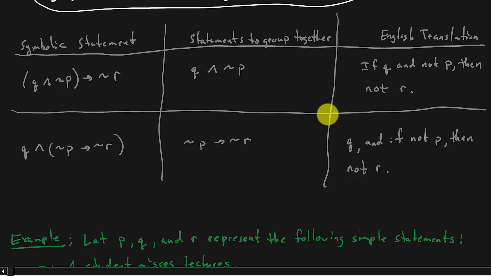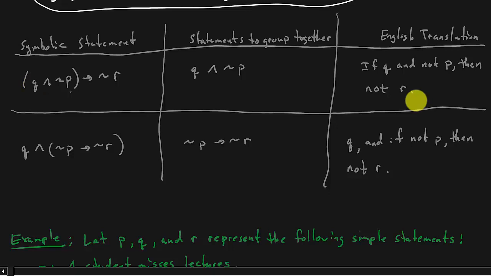All right, so we've got the symbolic statement here: P and not Q, or you could read it as if P and not Q, then not R. The statement that's grouped together is this right here in parentheses.